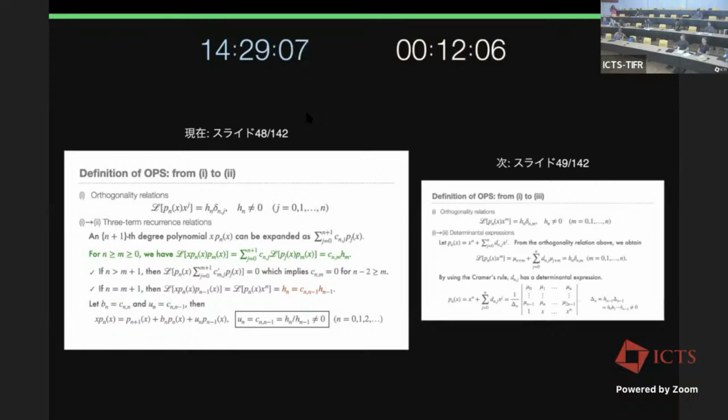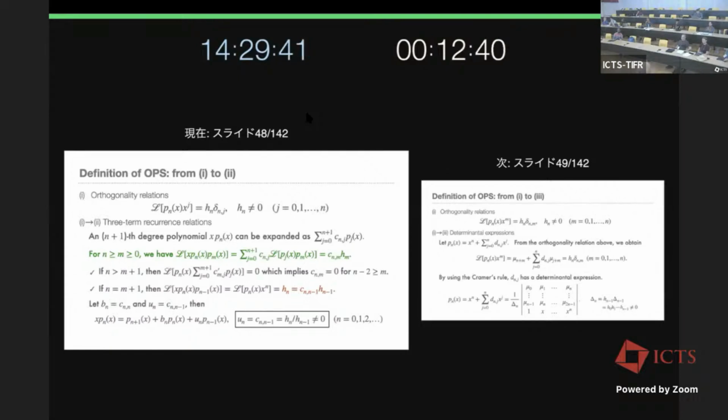It is quite clear. We also want to say something about the non-zero condition on the coefficient un. If m is n plus 1, then you see Pn(x) is multiplied by x to the same power n, which will give us Hn. Equating with the above equation, we have this type of equation.